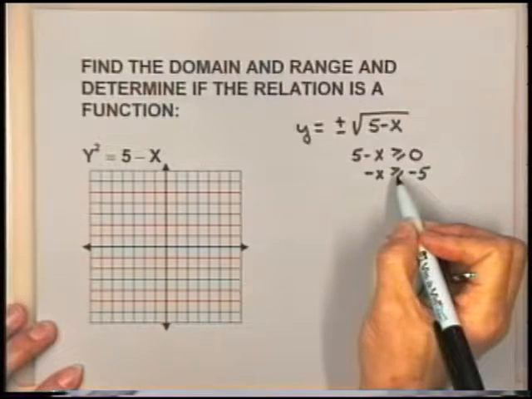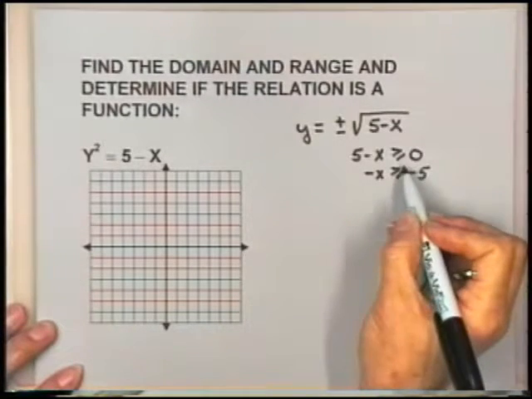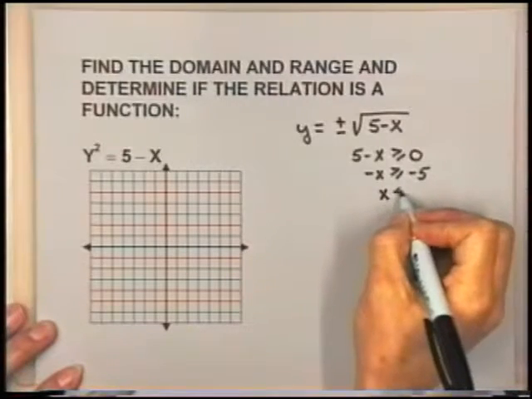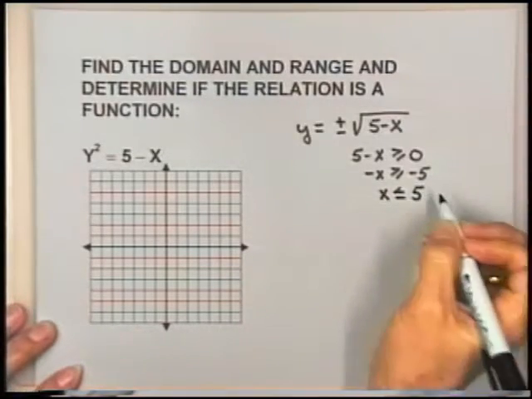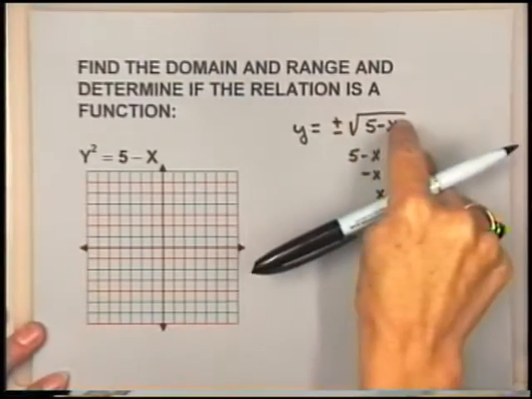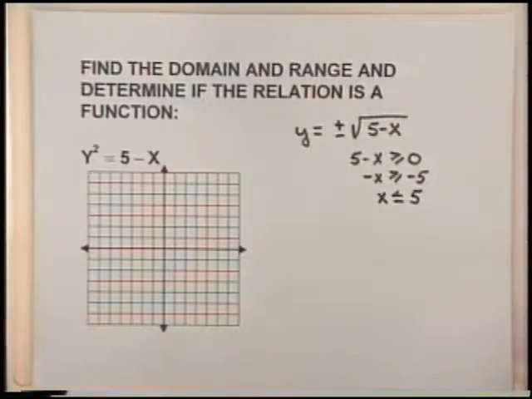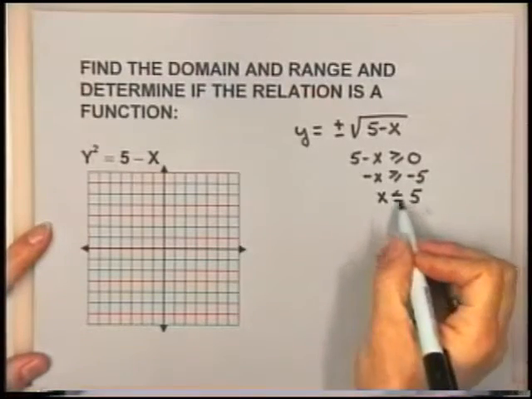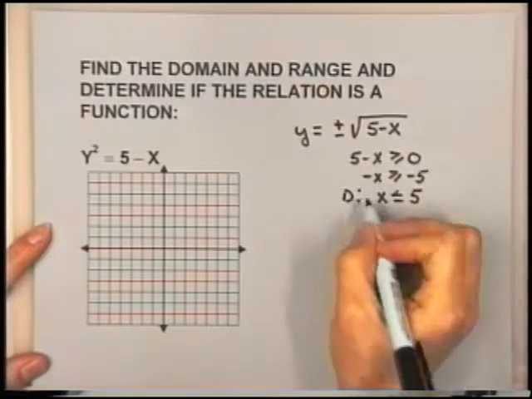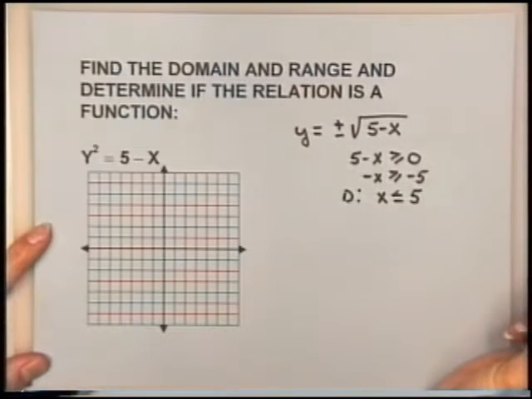But if you have an inequality, when you multiply both sides by negative 1, you reverse the direction of the inequality. x must be less than or equal to positive 5 in order to get a positive number under this square root. If x must be less than or equal to 5, we have just identified here our domain.